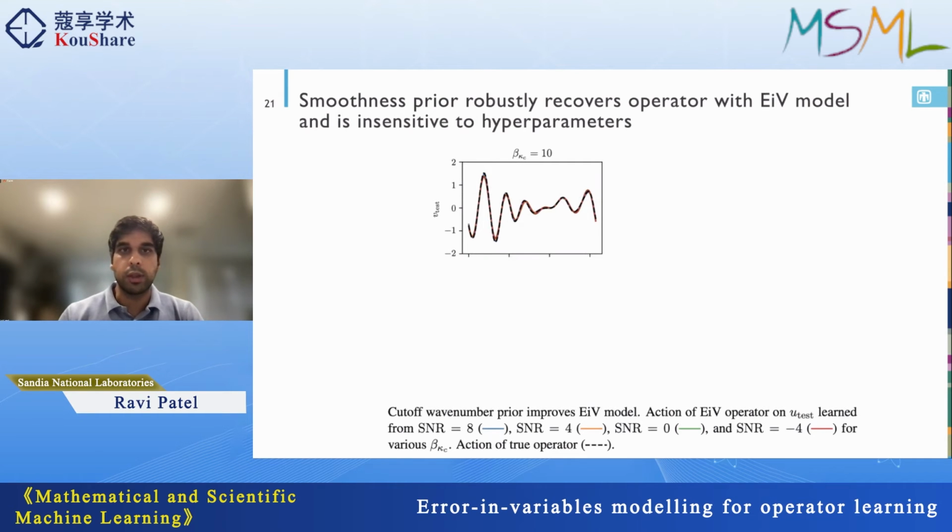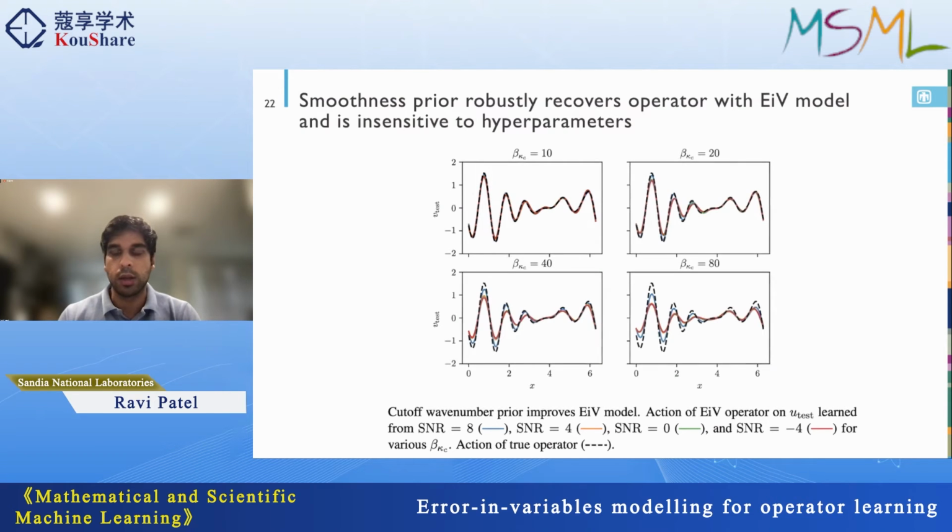With this method, we are able to robustly recover the action of the true operator, setting the hyperparameter beta to 10 for all of the signal to noise ratios we've tested. We're able to recover the Burgers operator.